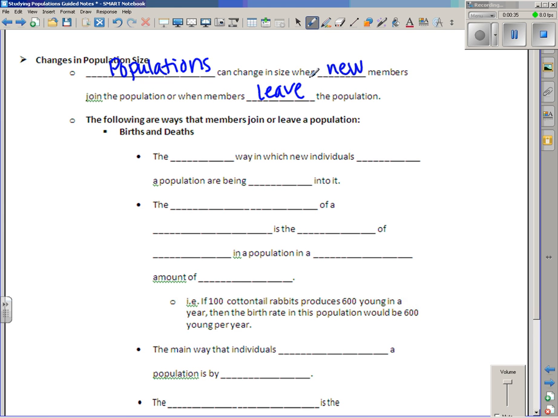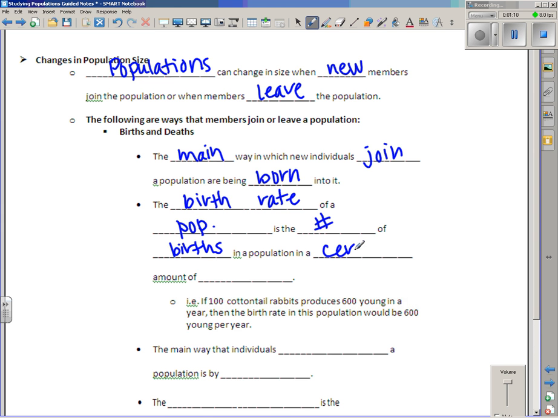And there are ways that members join or leave the population, and one of those ways would be births and the other one would be deaths. So the main way in which new individuals join a population is by being born into it. Now the birth rate of a population is the number of births in a population in a certain amount of time.